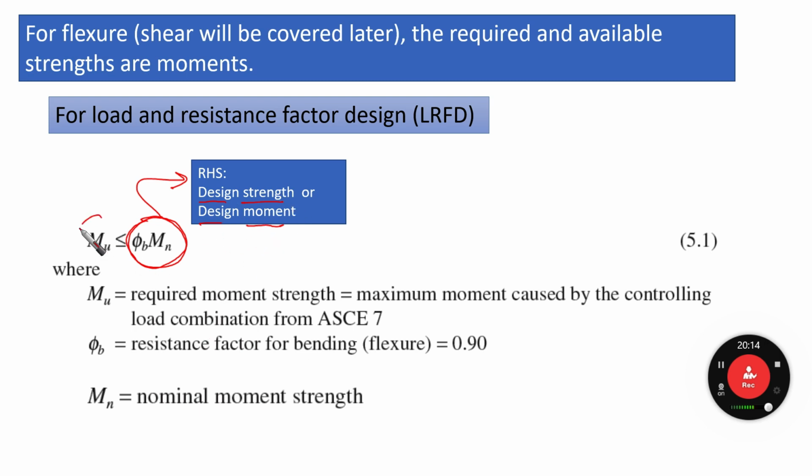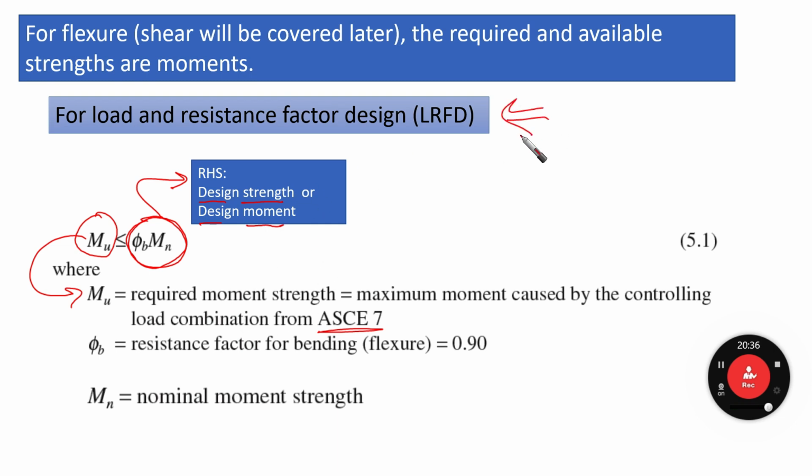Both are okay. However, the left-hand side of the equation, we call it the required moment strength, which equals the maximum moment caused by the controlling load combination from ASCE 7. So this is how we can work with the flexural strength with LRFD.